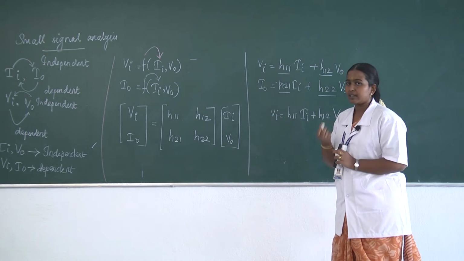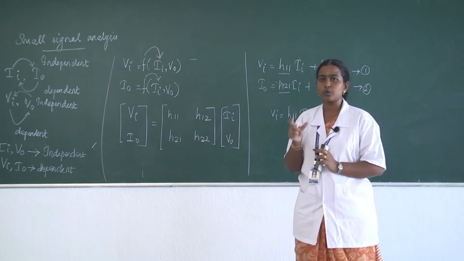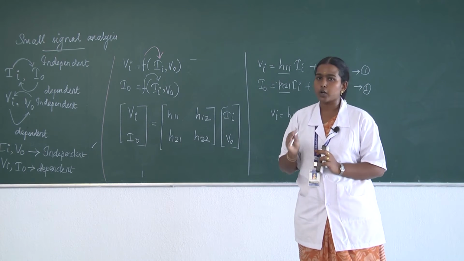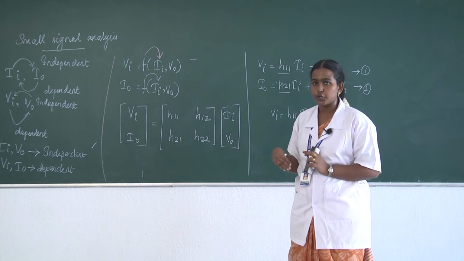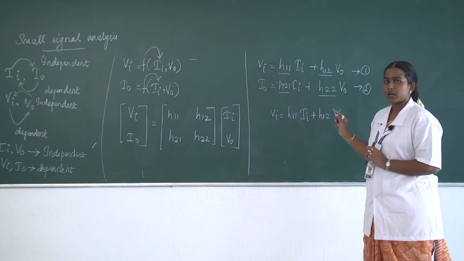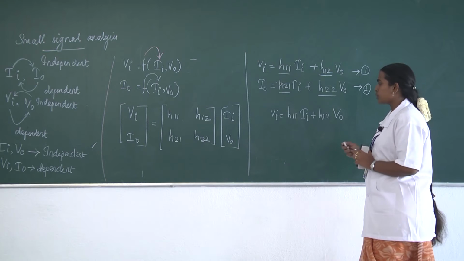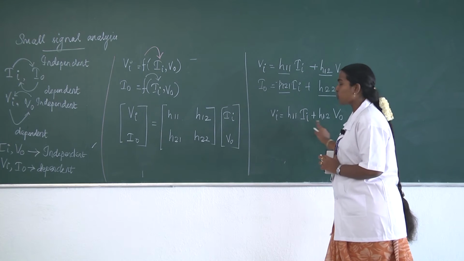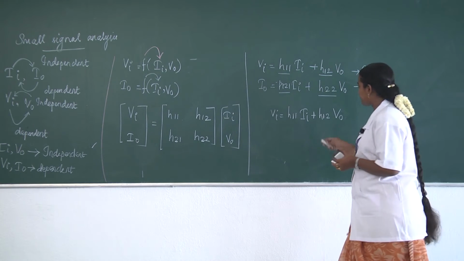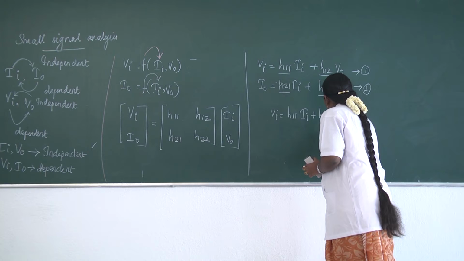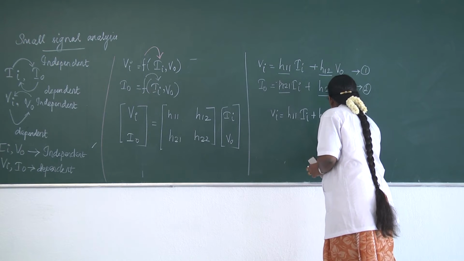So as I have told earlier, we have to do a short circuit or an open circuit operation in order to get the H11 or H12 or H21 or H22 parameter values. So first, in order to get these two values, first thing I am going to do is apply a short circuit in the output.